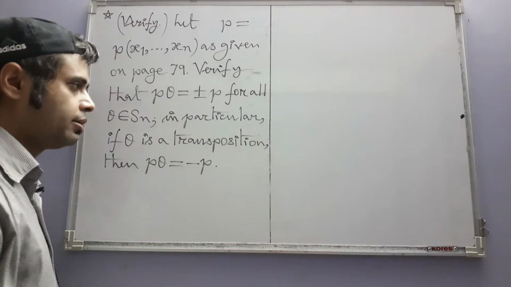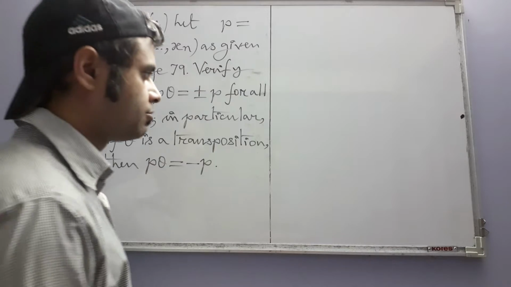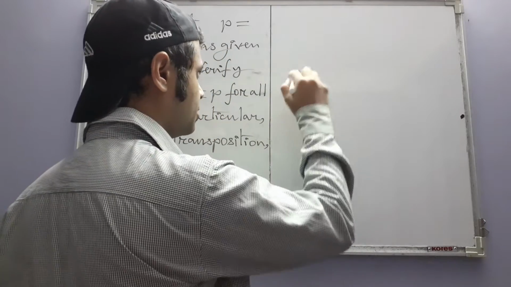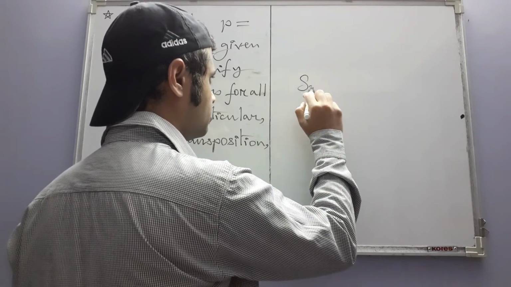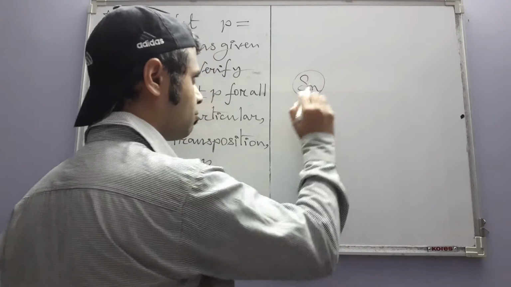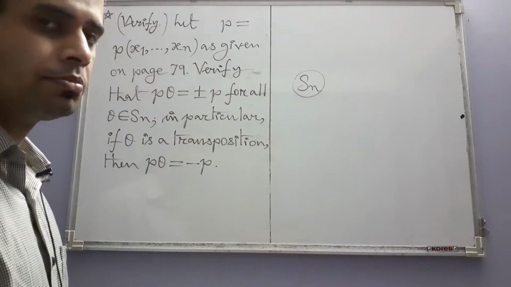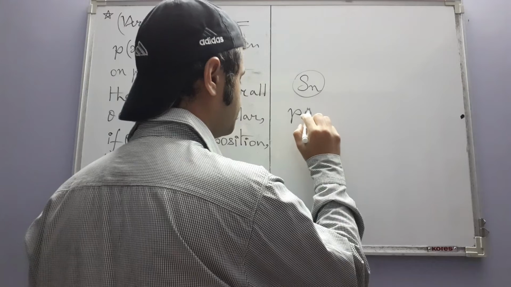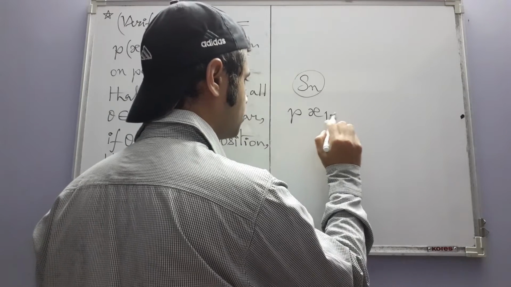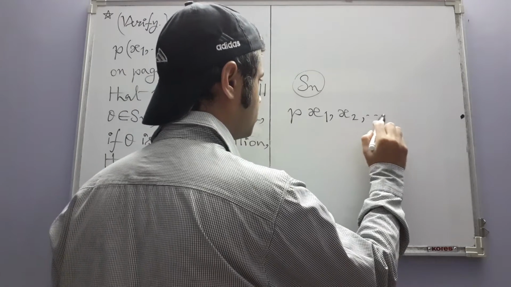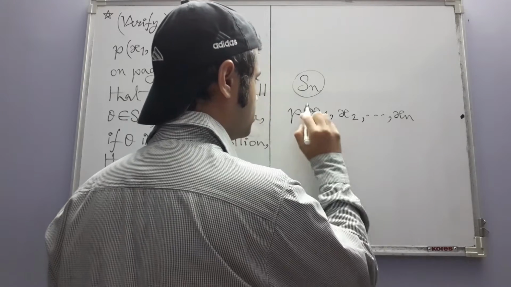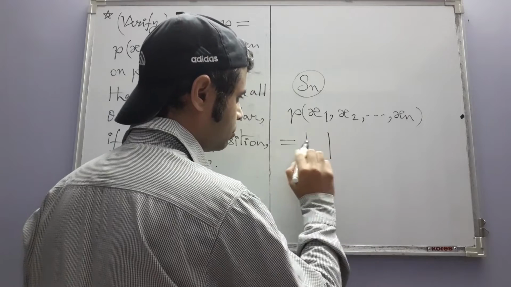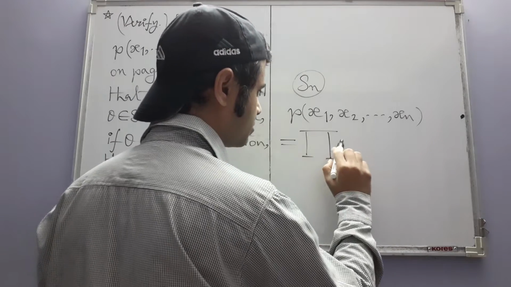So in doing that, recall that he introduced one polynomial in n variables. If the group we are working in is the symmetric group of degree n, then he considered this polynomial in these n variables, whose definition is this.